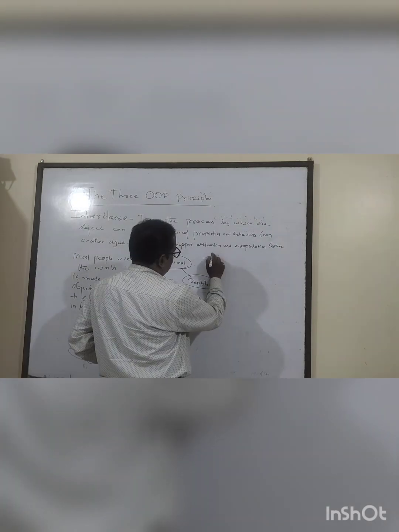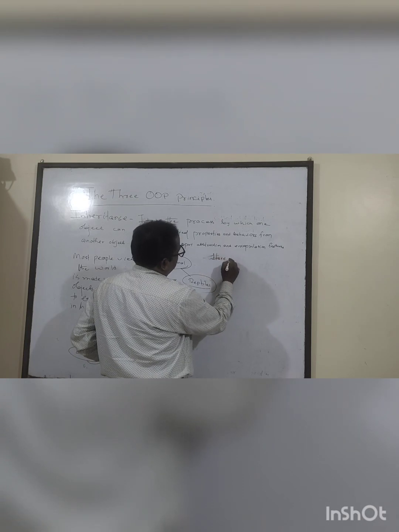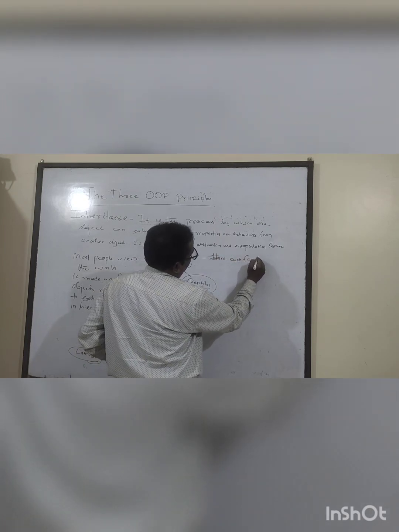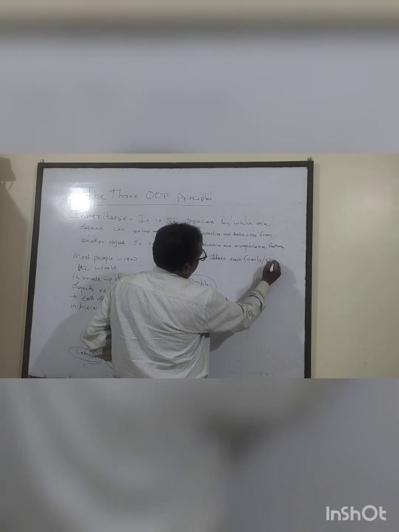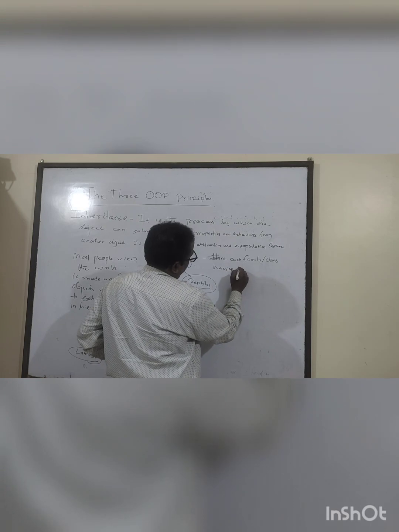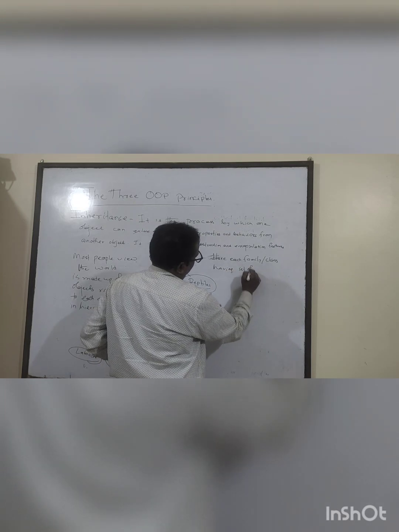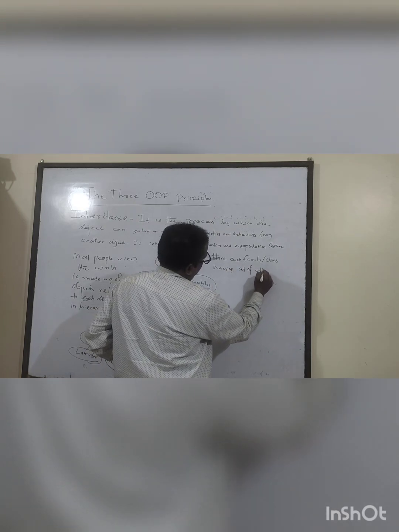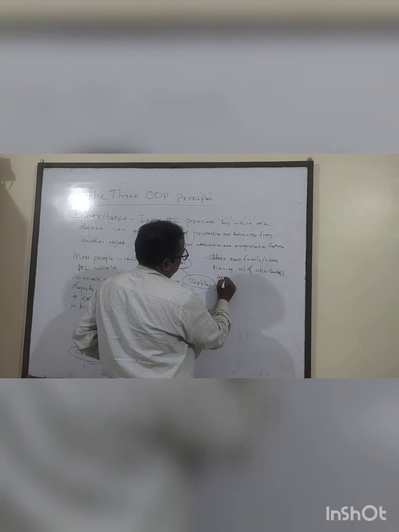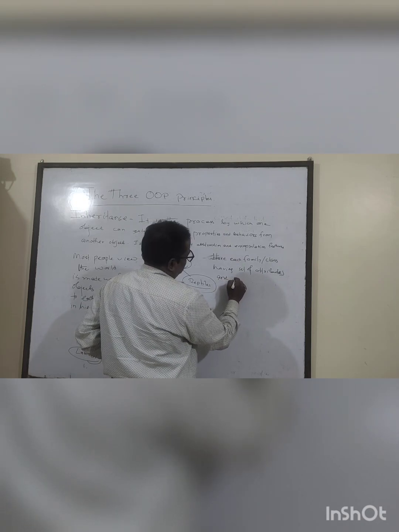Here each class, each family we call a class, having a set of attributes and methods or behaviors.